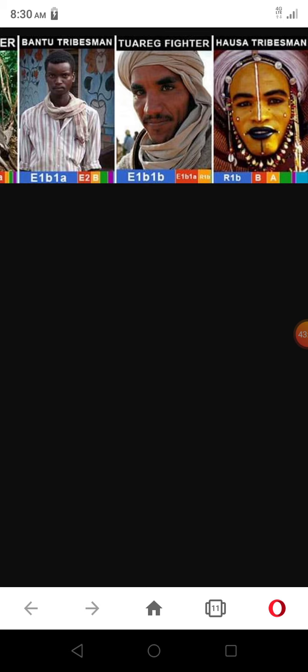So of course the Hausa would probably put this R1B and the B and the A like that when it consists of other groupings of people. You have Ishmaelites, so that's what that picture is of, a Fulani person.